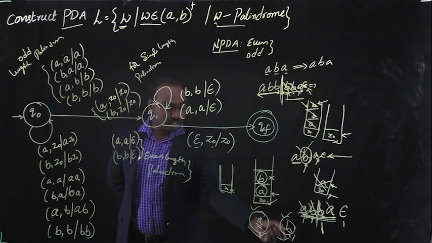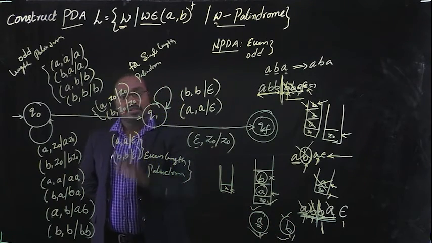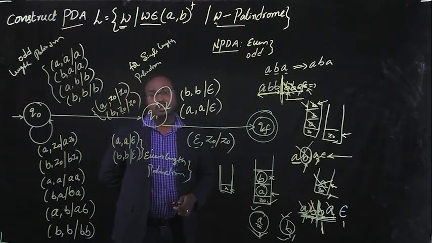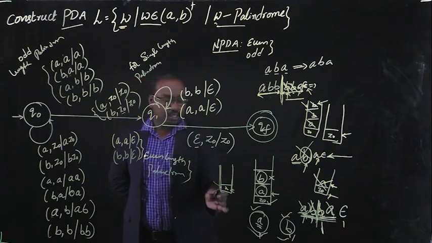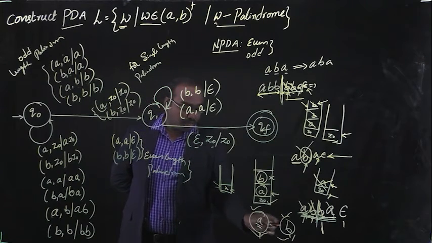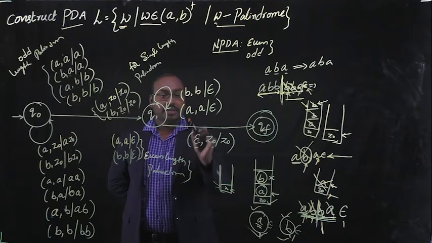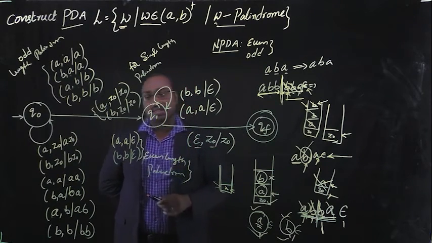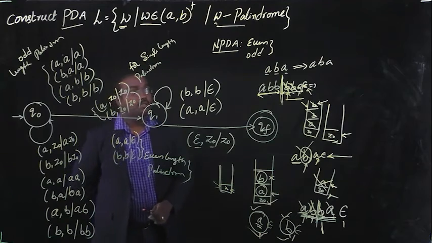And if the input symbol is B and the top is Z0, then leave Z0 as Z0. Whenever the next input symbol is epsilon and the top of the stack is Z0, then the given string is accepted.